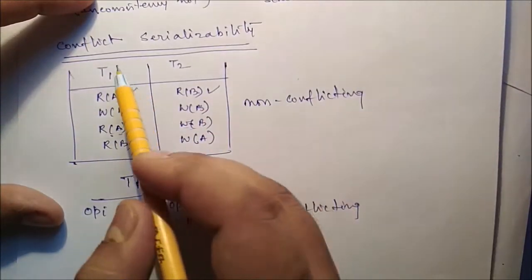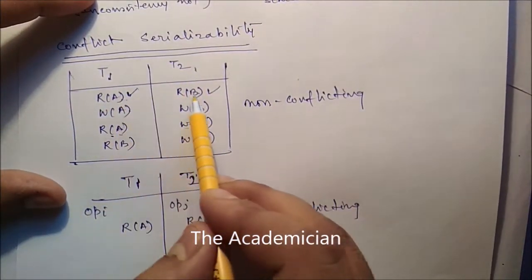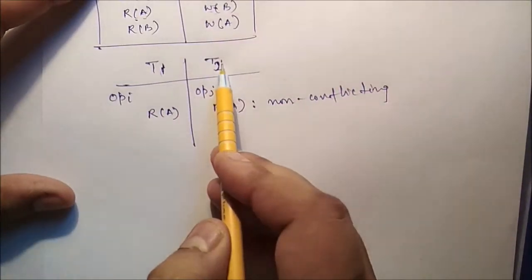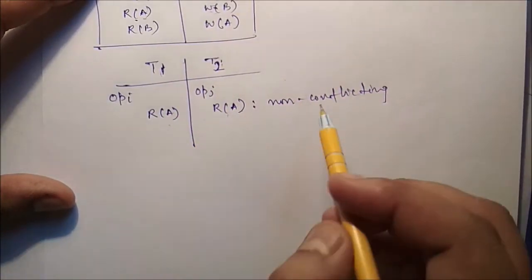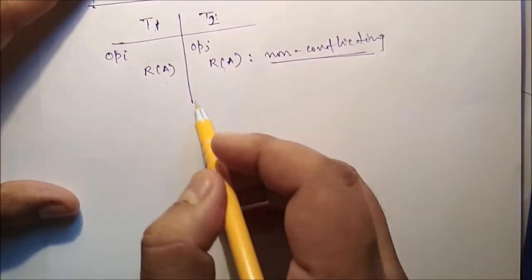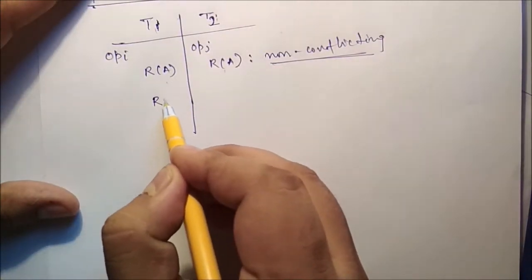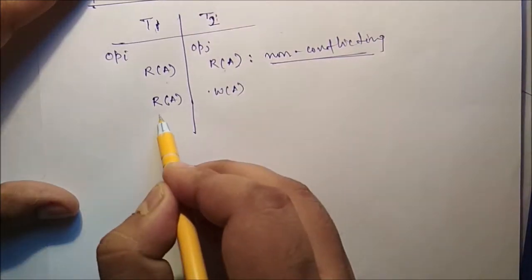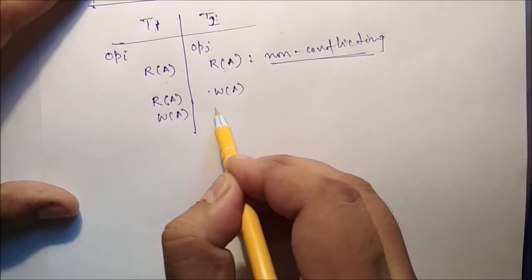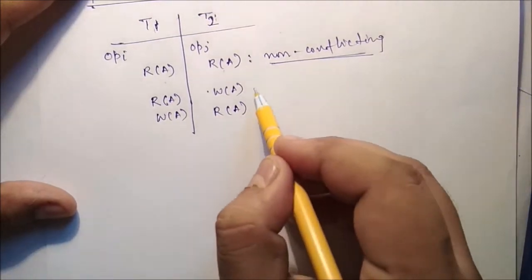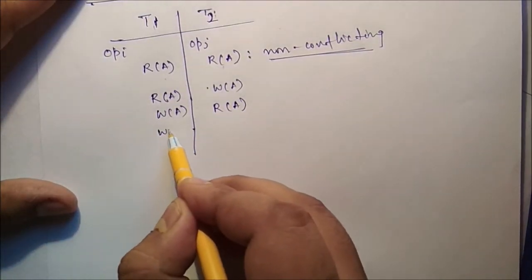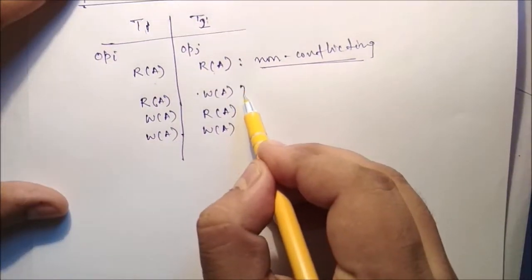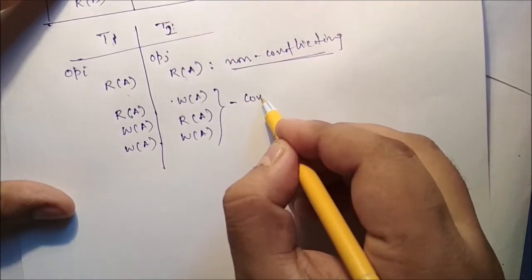Different transactions with different variables are always non-conflicting. Different transactions with the same variable, but both reads, are non-conflicting. But if T1 does read A and the other does write A, or write A and read A, or both write A, then all are conflicting operations.